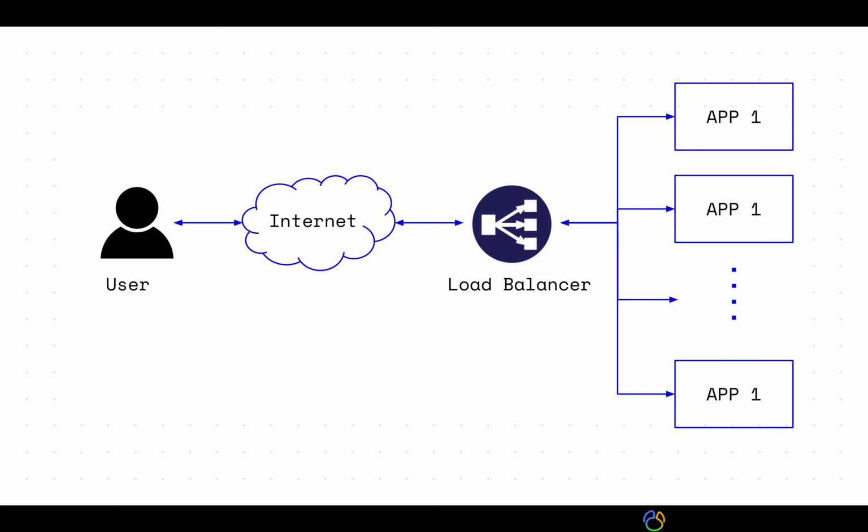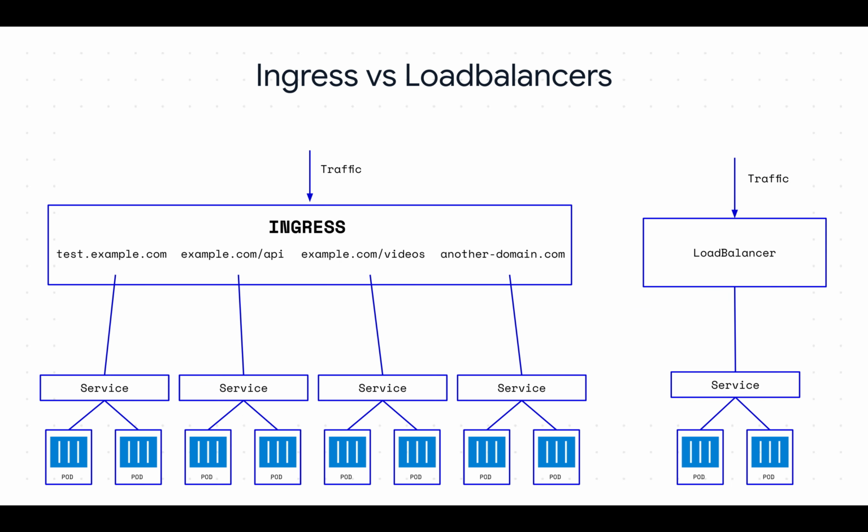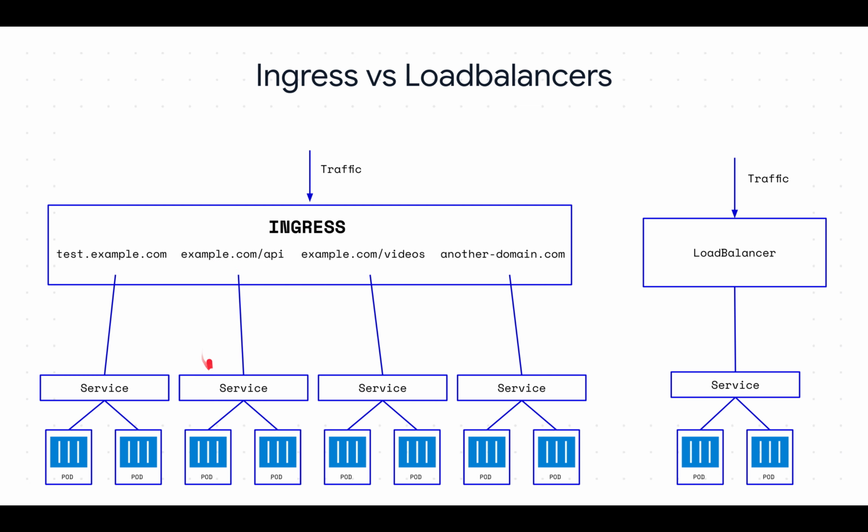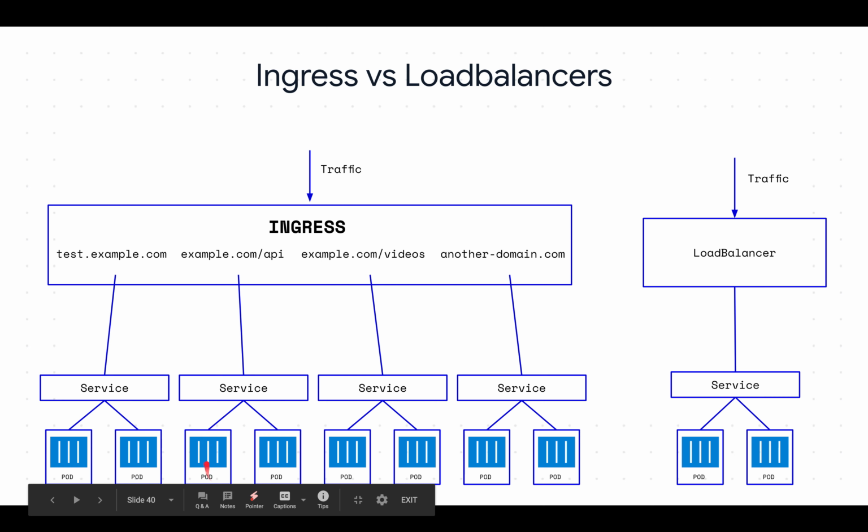In contrast, an ingress can achieve this based on the domain you specify. So in this configuration, we are saying if you visit test.example.com, you want to route to a particular service, which in turn routes to a particular set of applications. If you go to example.com/API, you want to route to another service, which in turn routes to several applications.